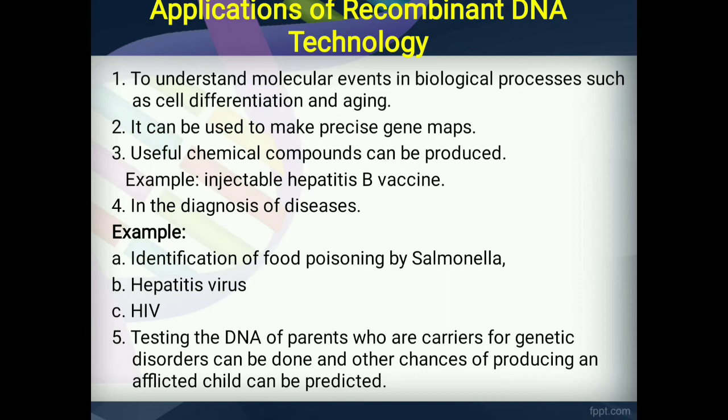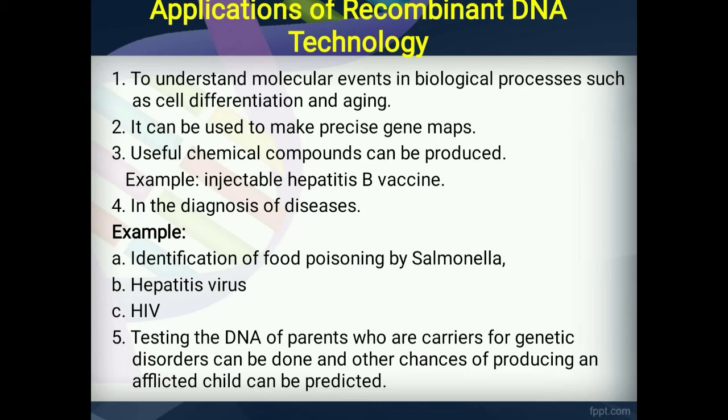There are different applications of recombinant DNA technology. It helps to understand molecular events in biological processes such as cell differentiation and aging. It can be used to make precise gene maps. Useful chemical compounds can be produced, like vaccines, hormones, immune modulators.